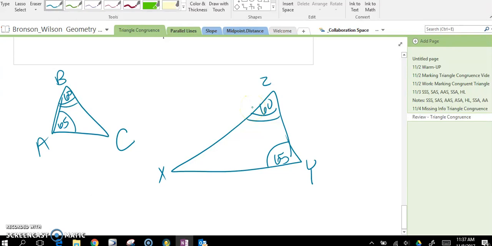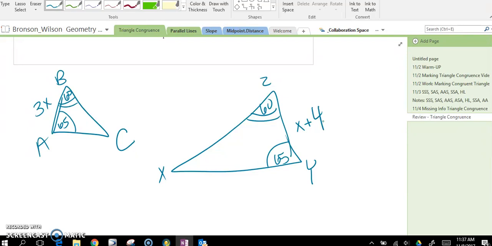But then what if we had this was 3x, and then this was x plus 4. Okay, find the value of x that makes this a true statement, that these 2 triangles are congruent.